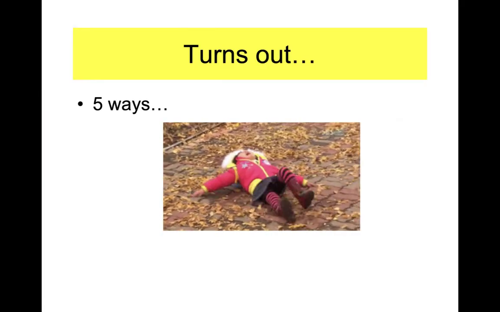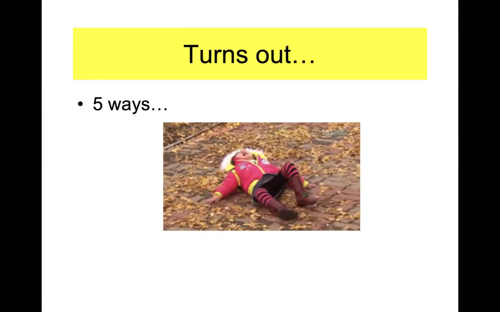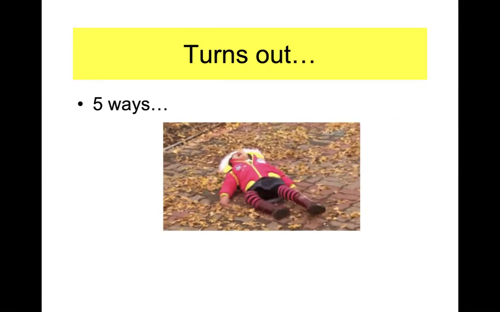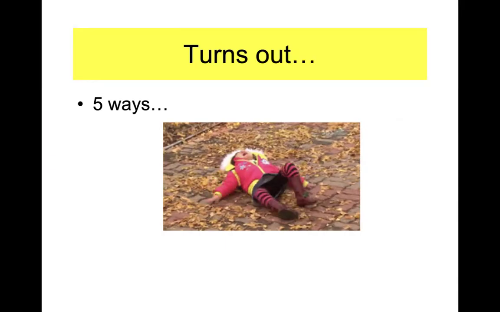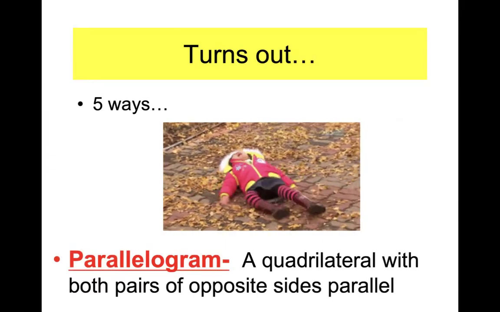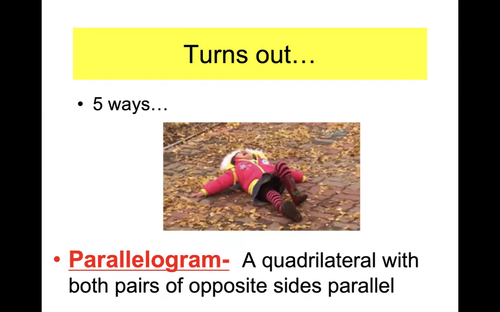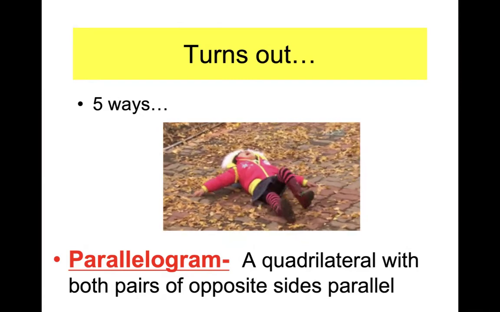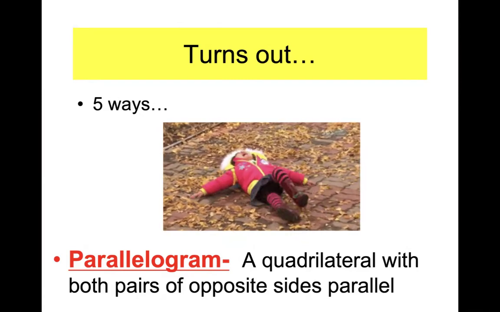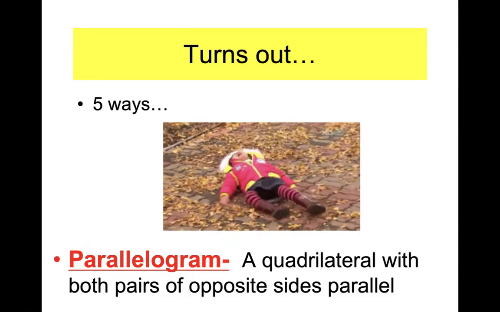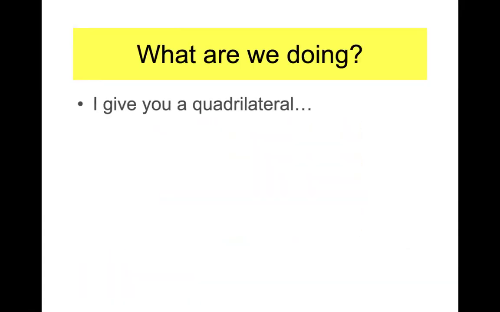I would absolutely put a big box in your book of truth and state ways to show a quadrilateral is a parallelogram, and then list the five ways. All right. So the first way is the most obvious way, which is if we can show that both opposite sides are in fact parallel, then it is a parallelogram.